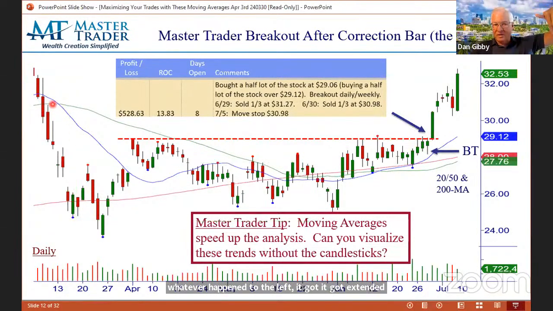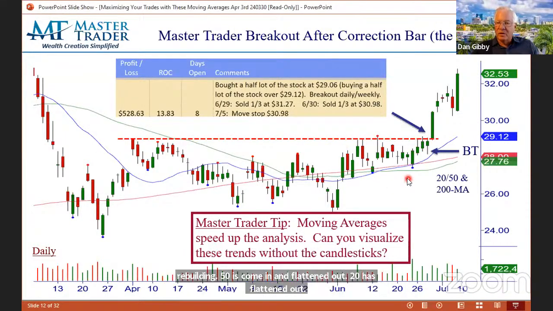Right? That was one of our concepts: the distance and angle of the moving averages together. So, you can see it fell down hard. And it's doing another rebuilding, multi-month rebuilding. 50 has come in and flattened out. 20 has flattened out. Where's my action point?